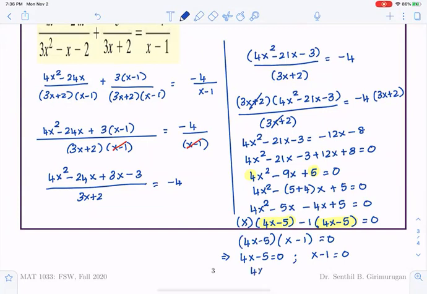So 4x would equal to 5. Divide by 4 on both sides, x would equal to 5 over 4. In the other factor, it is simply x is equal to 1. So the solutions are x equals 5 over 4 and x equals 1.